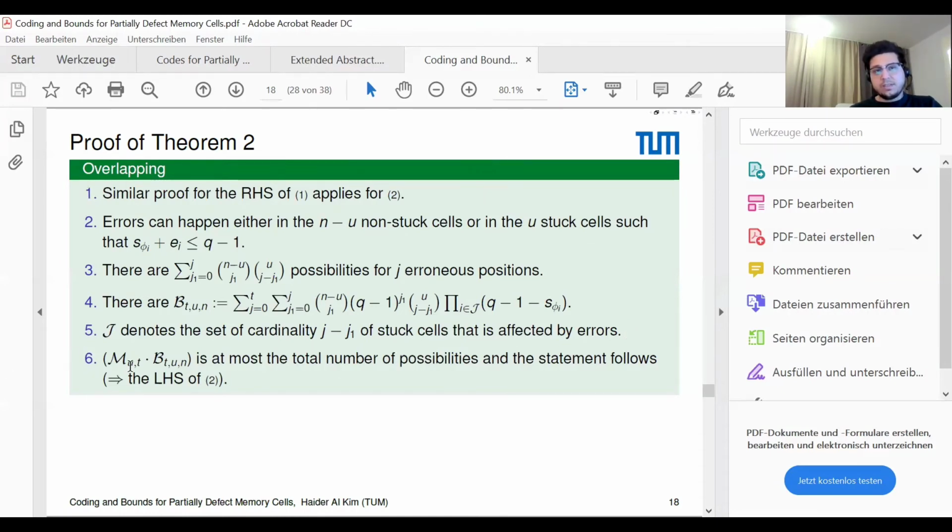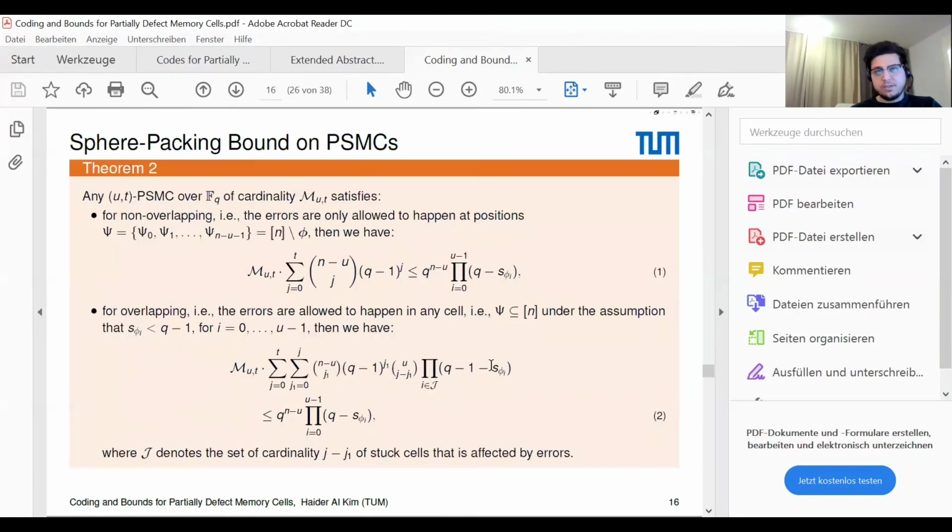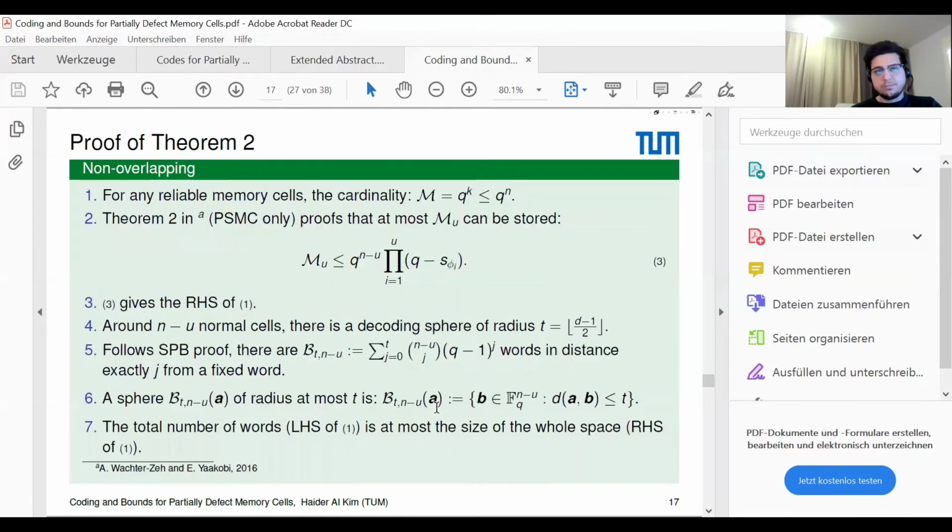Then we have this amount as the total number of possibilities, and the statement follows from the right-hand side of 2, as you can see here. So we have a bit of a difference here because we consider error happens at the stuck position.